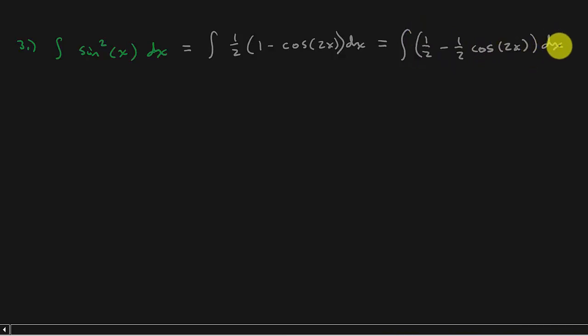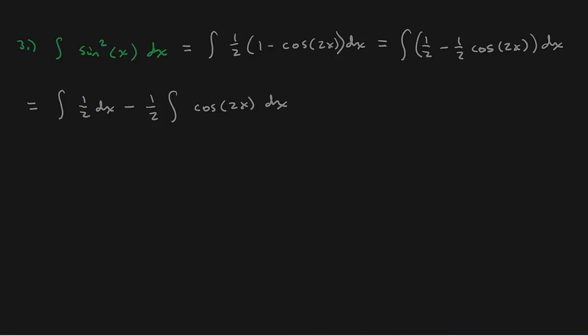So I just distribute the 1/2, and that's going to give me the integral of 1/2 dx minus, and I'll pull the 1/2 outside the integral for cosine 2x dx. All right, this one right here is easy to integrate. That's just 1/2 x. So let's look at this one.